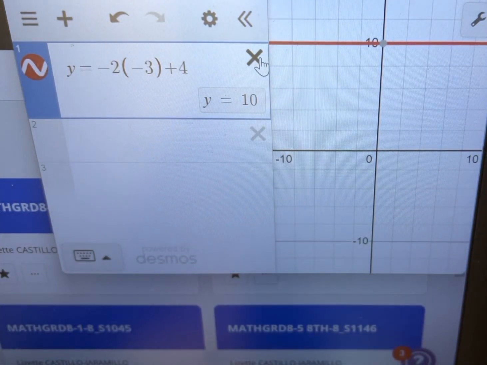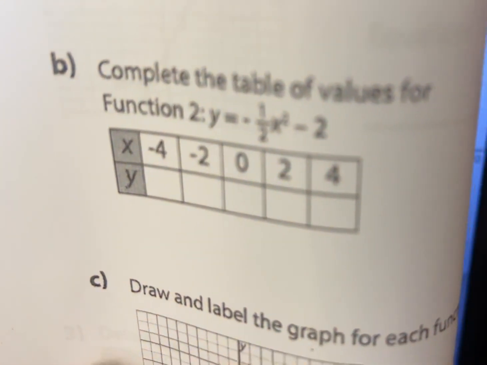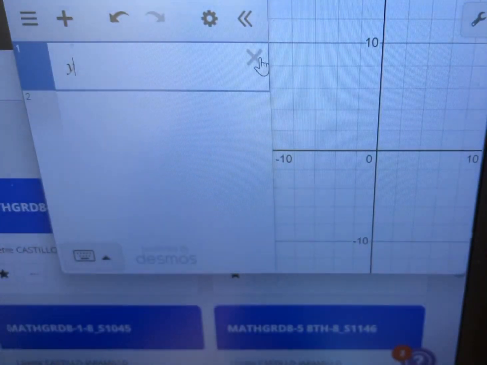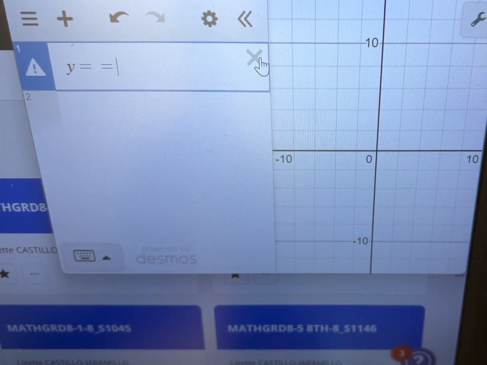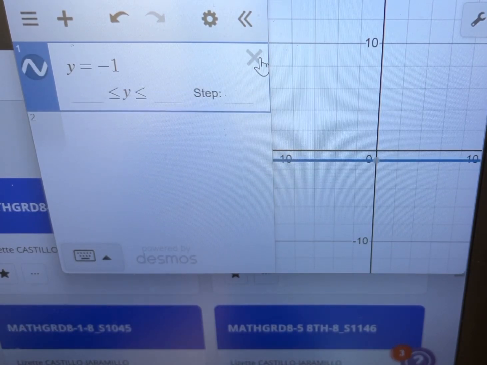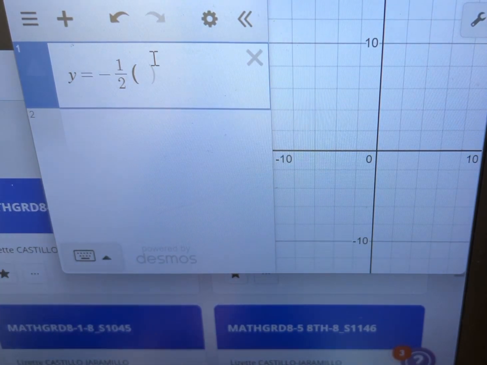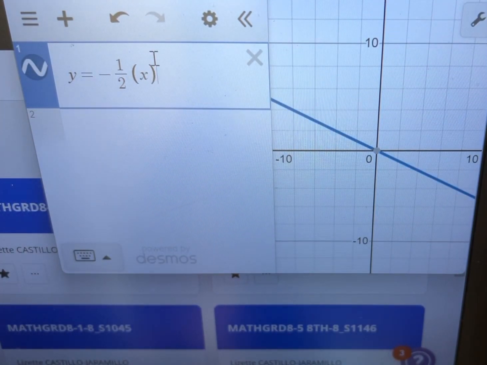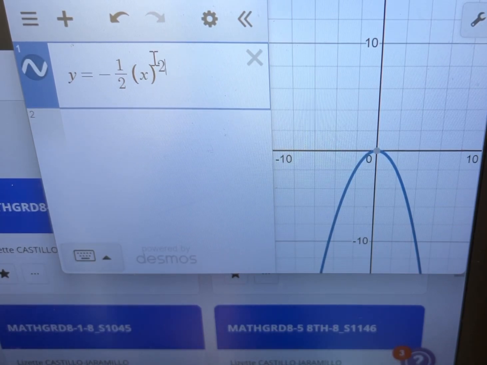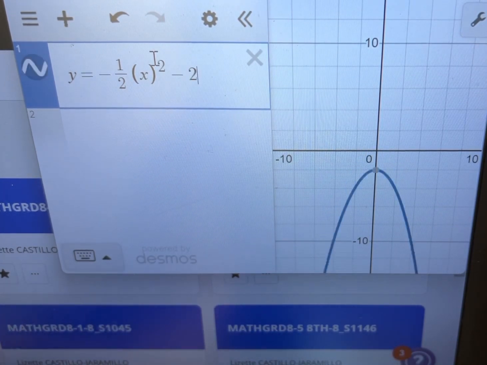And then my next equation for part B, it is y equals -1/2. Remember, tap on the side. Recuerden, van a ponerle al lado y van a poner en paréntesis your x value. Van a poner el valor de x. So it's x shift 6 squared minus 2.